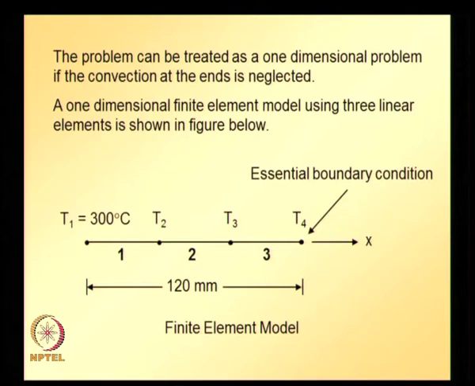Here T1 is shown as 300 degrees centigrade, it is a mistake, it should be 330 degrees centigrade, and at the other end essential boundary condition is specified, T infinity is equal to 30 degrees centigrade. So, at T1 we have 330 degrees centigrade, at T4 we have 30 degrees centigrade, and total length of rectangular fin is 120 millimeters, and it is discretized using 3 elements, and each element has 2 nodes, and length of each element is 120 divided by 3, that is 40 millimeters.